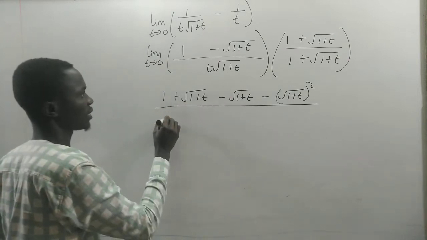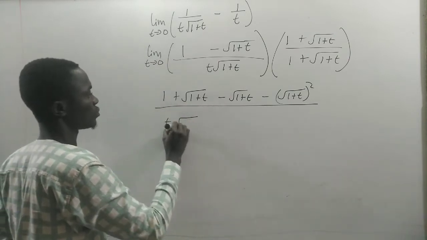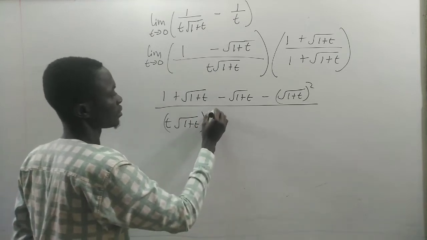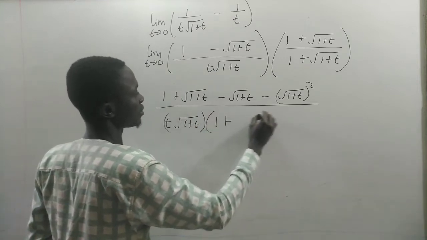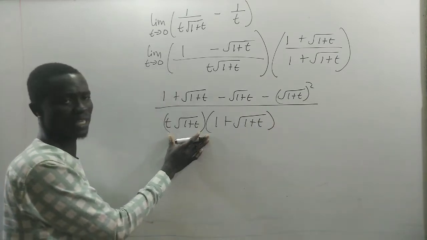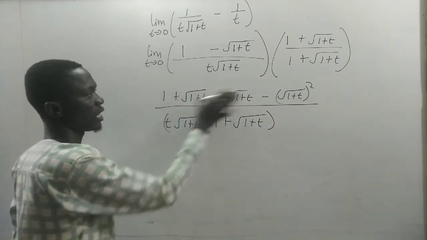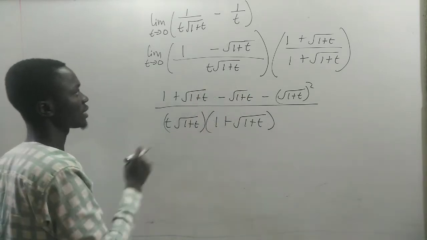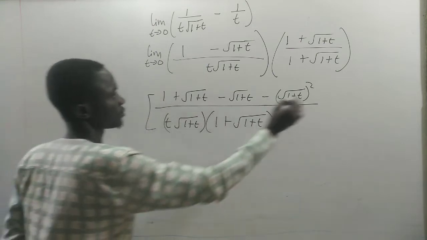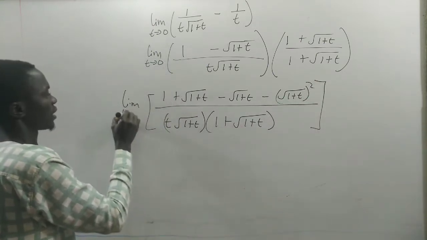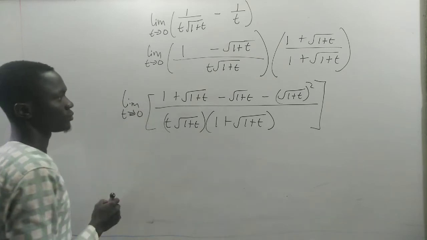All divided by t times root 1 plus t times 1 plus root 1 plus t. Here I did not expand the denominator because I want to simplify the numerator first and see if something can cancel something out here. And I'll bring the limit as t approaches 0.